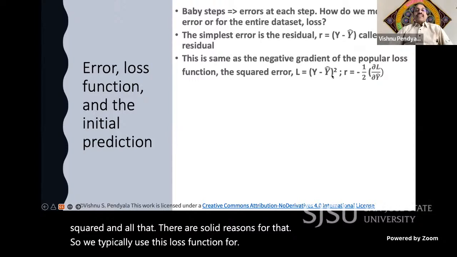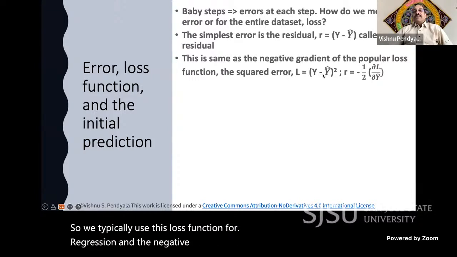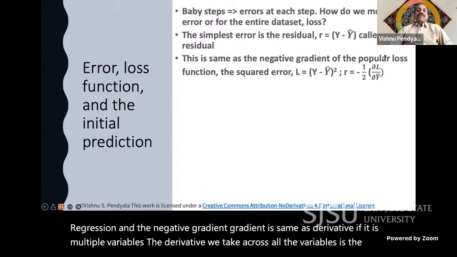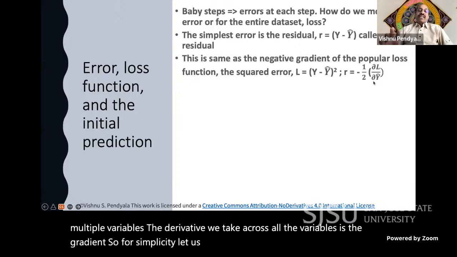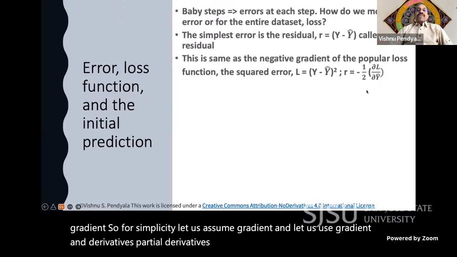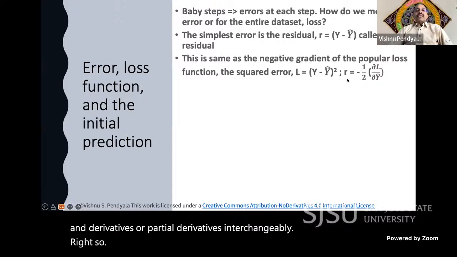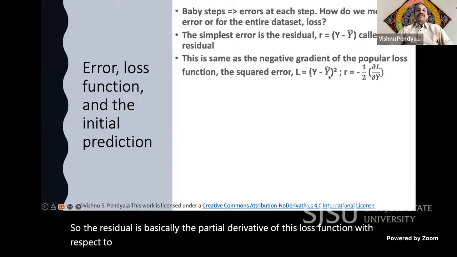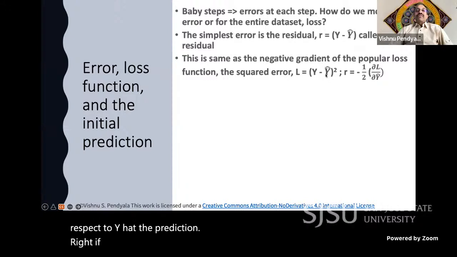And the negative gradient is the same as the derivative, right? If it is multiple variables, the derivative we take across all the variables is the gradient. So for simplicity, let us use gradient and derivatives or partial derivatives interchangeably, right? So the residual is basically the partial derivative of this loss function with respect to y hat, the prediction, right? If you take the derivative of this with respect to y hat, what do you get?